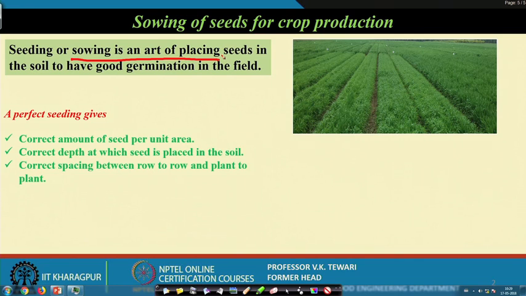So, what will perfect seeding give us? It will give certain aspects which we are looking for when we are talking of a good crop. Correct amount of seed per unit area. Yes, we want that in an area a certain amount of seed must be sown, because we are interested in getting a certain total population in a given area, and that is very important for the yield.